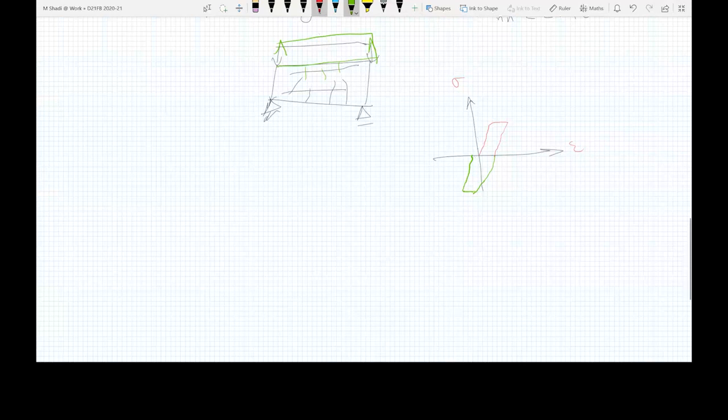Now, let us play this game a few cycles. So we repeat this several times, you increase it, it yields, it goes back probably to this point this time, and then you load it in the opposite direction, starting from this point.